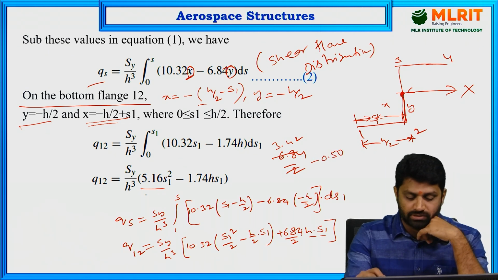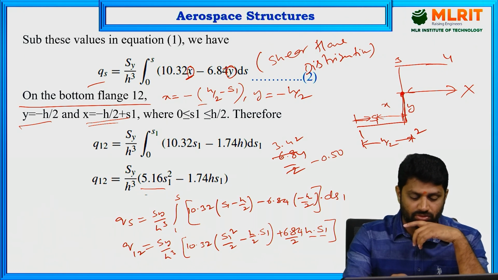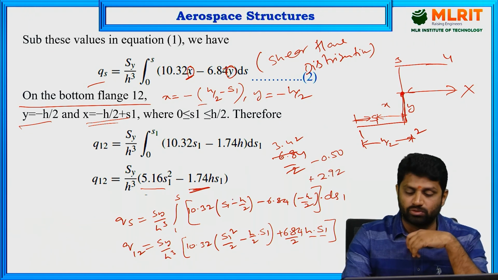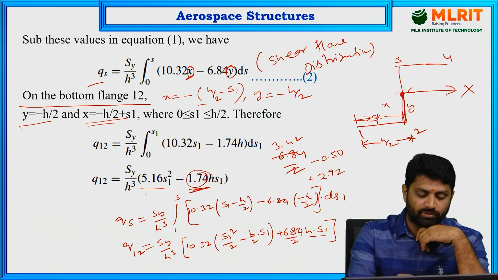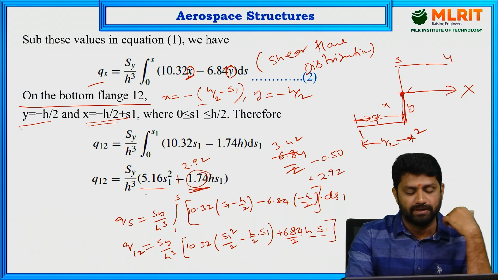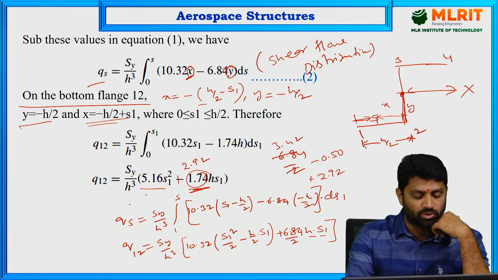Just go through this calculation: 3.42 minus 0.5, that means you are going to get 2.92. So instead of 1.74 you are going to get 2.92 hs1. So this is the distribution for q12.